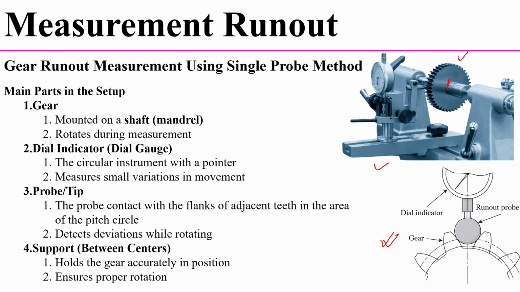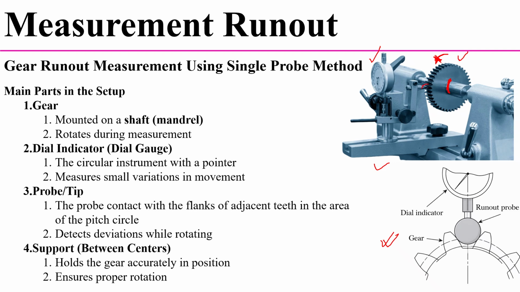Here we are holding this gear with the help of the mandrel or shaft, and this gear has to rotate during the measurement. Next is the dial indicator or dial gauge. It is a circular instrument with a pointer, and it measures small variations in the movements of the gear.